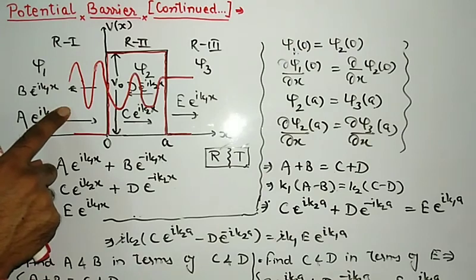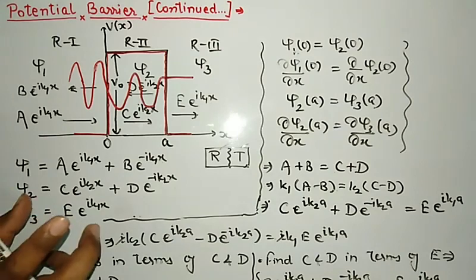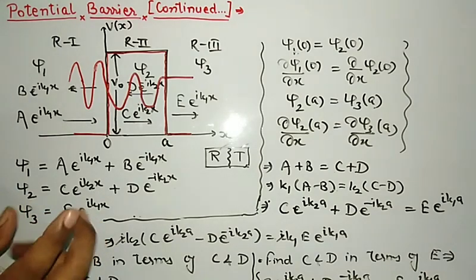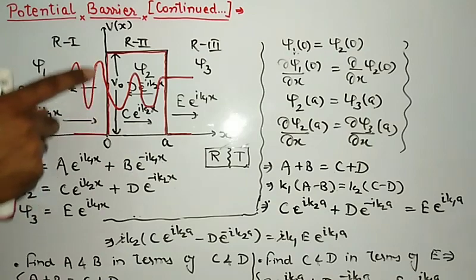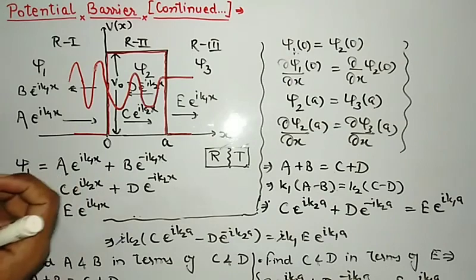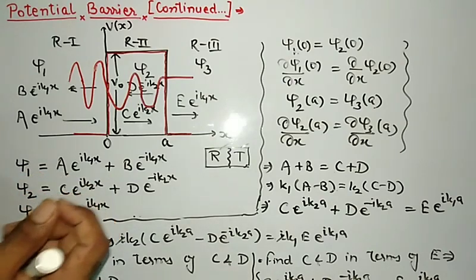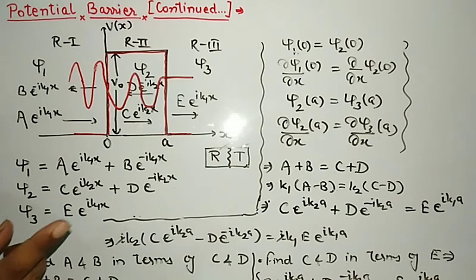But according to the classical view, since the energy of the particle is higher than the potential barrier, there should not be any reflection coefficient. But this is not in agreement with the quantum mechanical view. This is what we have differentiated.